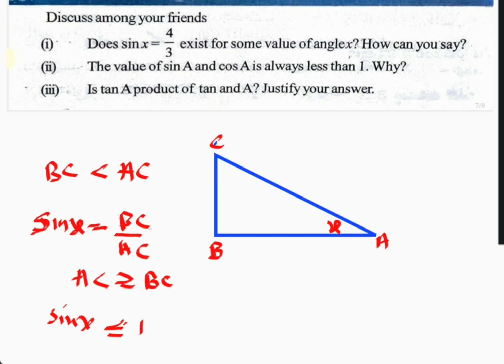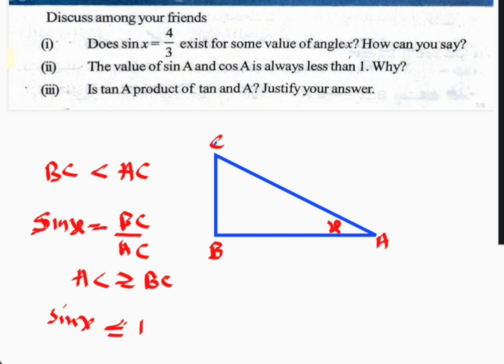It is never greater than 1. So the sine angle is defined as the ratio of opposite side to hypotenuse, with a right angle at B. Then we can write sin x equal to BC by AC. So this value is always less than or equal to 1.